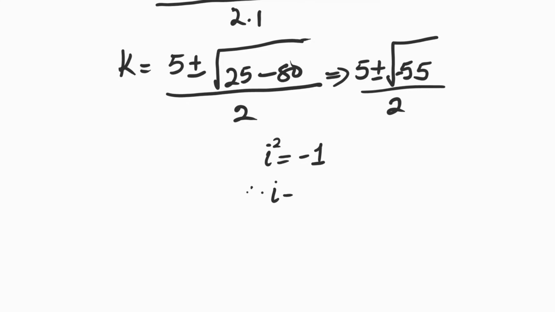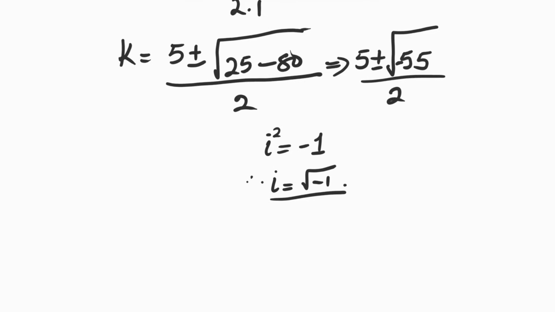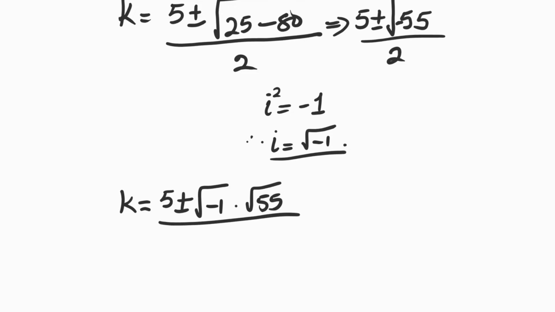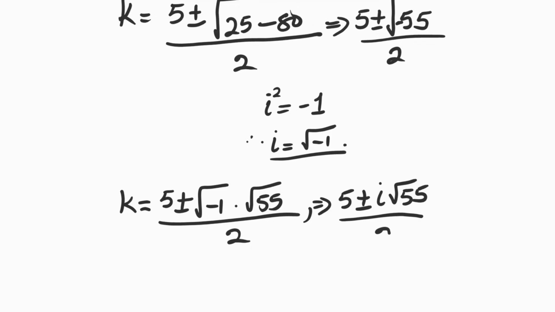Therefore, i is the root of minus 1. So, bearing that in mind, we have 5 plus or minus root of minus 1 times root of 55 divided by 2. So here we have 5 plus or minus i root 55 divided by 2.